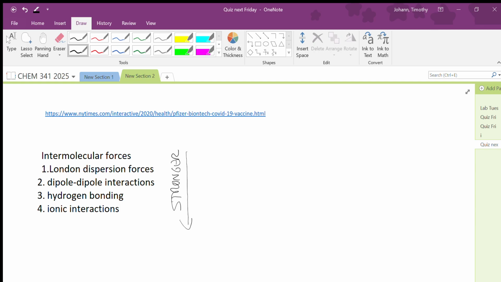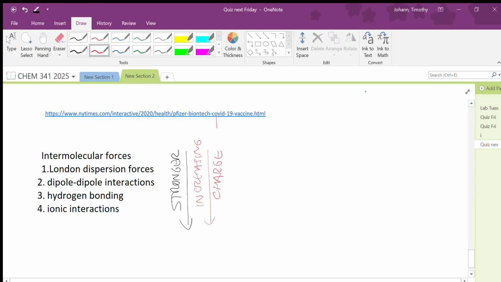Charge. They're more charged on the bottom. So we increase our charge as we go from the top to the bottom.